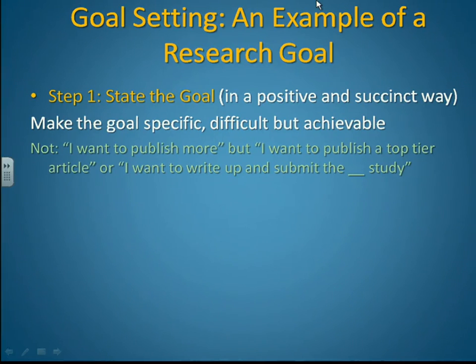I have this project, it's been a back burner project for me for the last 3 years or something. This year, I am finally going to write that up and submit it somewhere. And maybe your goal is not just to submit it, but to have it accepted, which is a whole different thing, because accepted means submitted, then revisions if you're lucky, right? And then maybe another set of revisions, and that's a little harder to predict.